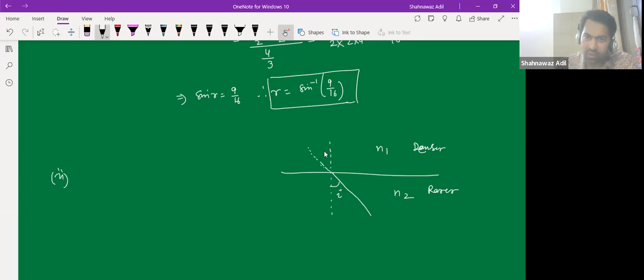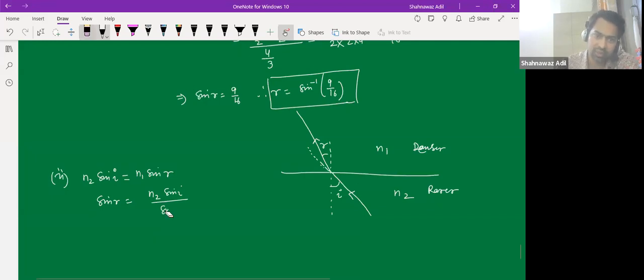So now it will go towards the normal. So then it will be like this, and this is my angle R. Again, if I write N2 sin I equal to N1 sin R, sin R would be simply N2 sin I divided by N1.